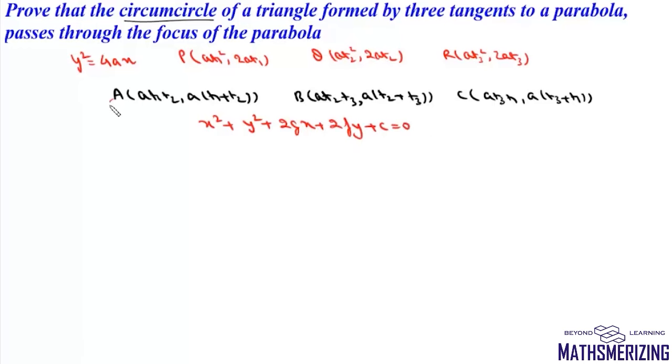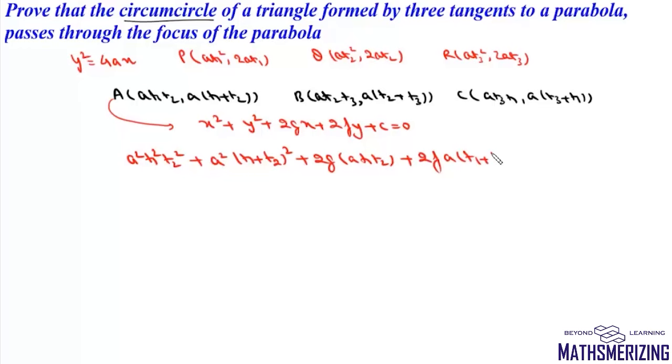Now this point A will lie on this circle, so we can write this equation as a square t1 square t2 square plus a square (t1 plus t2) square plus 2g a t1 t2 plus 2f a(t1 plus t2) plus c equals 0.